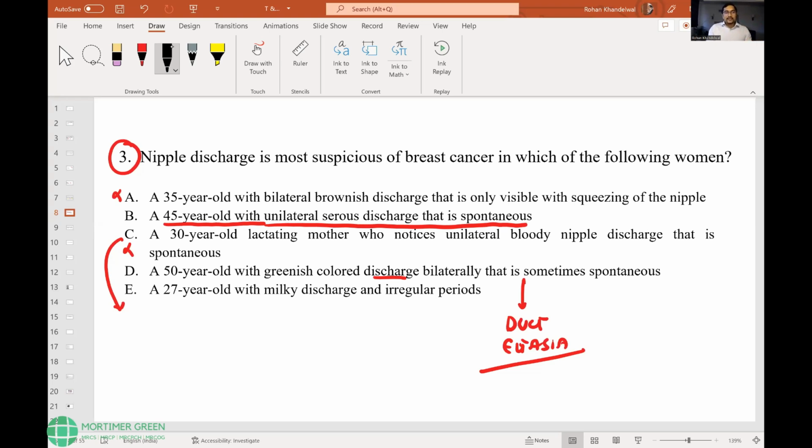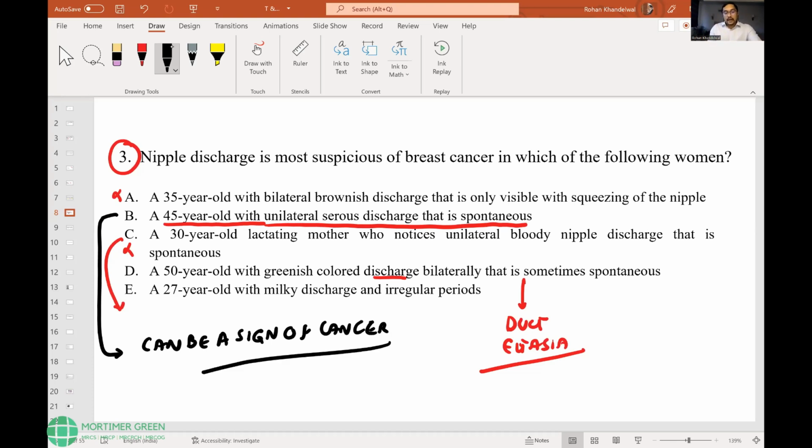So please understand that all bloody discharges are not cancer and all serous discharges are not benign, right? So even serous discharge can be a sign of cancer. So spontaneous discharge from one side, and even if it's serous, this should be investigated further. Okay.